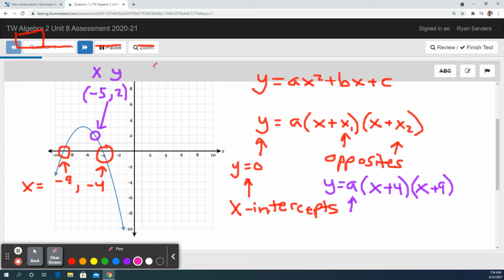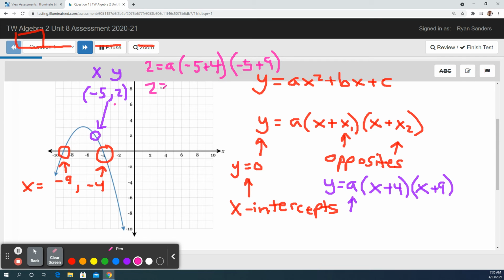So the y I have is 2. I'm using this function here, equals a, which is what we're looking for, times x, which is now -5, plus 4, times x, which is -5, plus 9. Okay, let's go ahead and simplify.